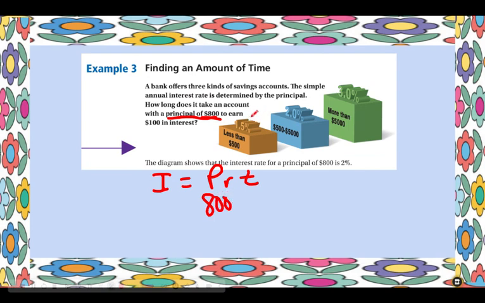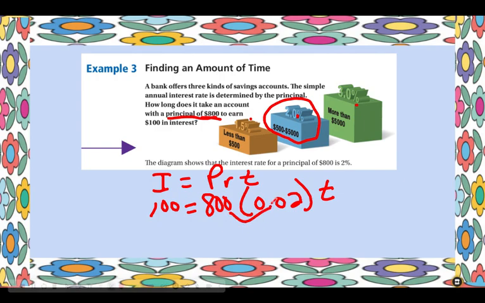I look at my pictures here to find the rate. $800 falls right in here, so it's 2%, so 0.02. Do we know the time? No, that's what we're trying to find. But we know the interest is $100. So 800 times 2 hundredths is 16t equals 100.